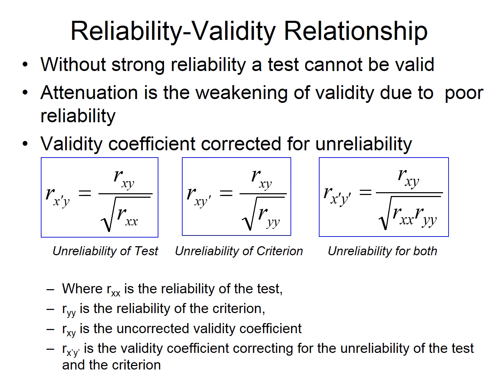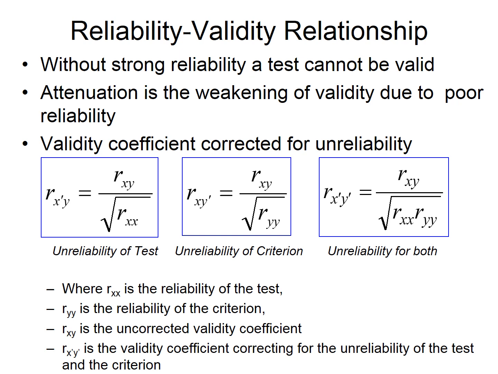We can also adjust that value for the unreliability of what we're comparing it to, and that's the second equation. The only change here is what goes in the bottom. We still have the uncorrected validity coefficient on top, because that coefficient is the same. That coefficient was the relationship between our test and another. The only thing we're changing in the second equation is that instead of the reliability of our test, we're putting in the reliability of the actual test we're comparing to.